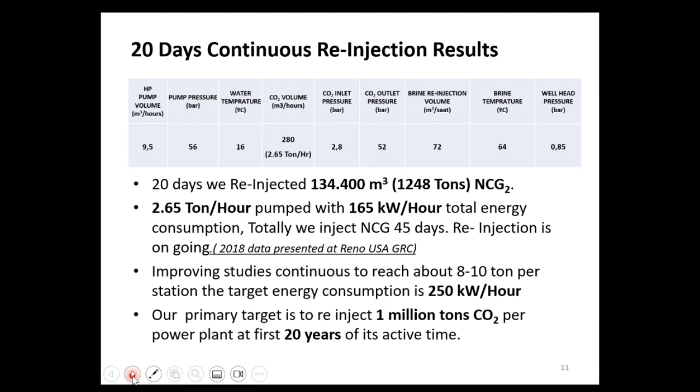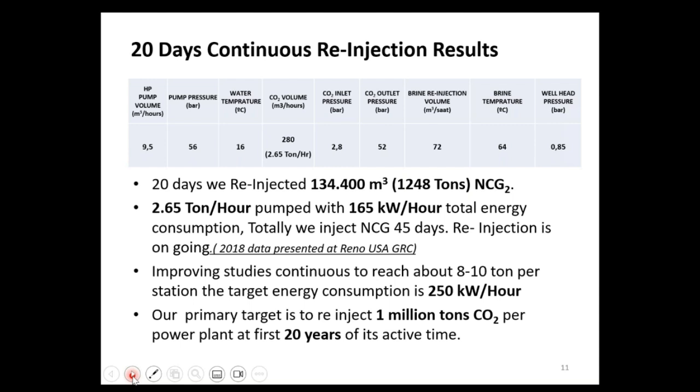The pressure of the CO2 collected directly from the condenser of the power plant, after a couple of hundred meters of surface line to come to the first cooler, was 2.8 bar. Of course, inlet pressure is important for compressor efficiency. The outlet was 52 bar.